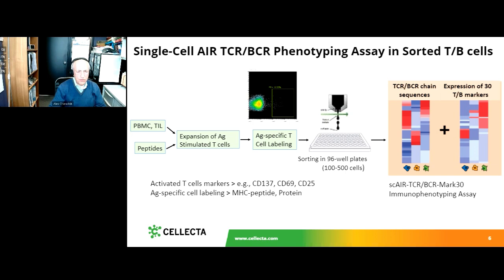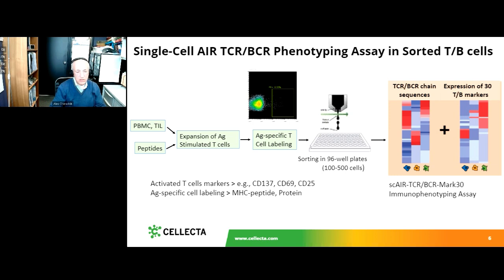And the last technology that we are going to introduce today is single cell analysis technology. It's a simple technology which allows you, if you just use, for example, expansion or stimulation of T cells stimulated by proteins, or B cells stimulated by any proteins, to sort activated cells using a cell sorter in a 96-well plate and perform both single cell profiling of T cell or B cell receptors and markers at the same time.